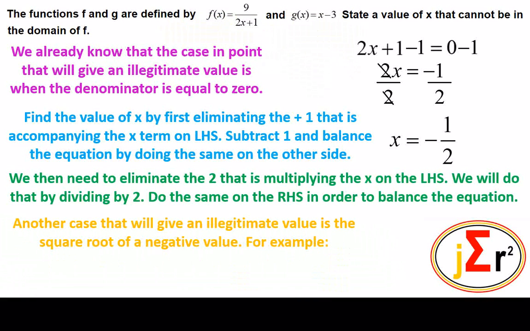Another case that will give an illegitimate value is the square root of a negative value. This is not the only way that a function can prove to be illegitimate. If we have a function that contains, for example, a square root, if the value whose square root is taken is a negative value, then that is another illegitimate value for the domain of f of x.